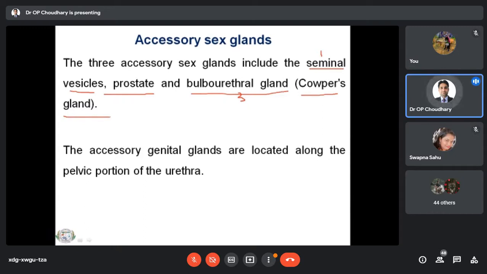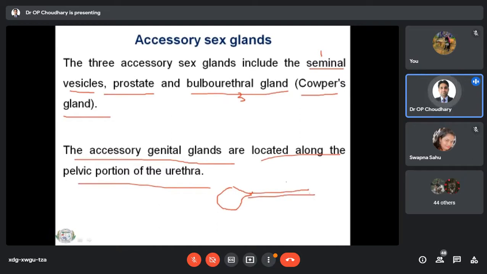In the examination, it can come that bulbourethral glands are also called Cowper's gland. The accessory sex glands are located along the pelvic part of the urethra. The urethra you can divide into two parts, the pelvic part and the penile part. Suppose this is the urinary bladder, and this part is the urethra.